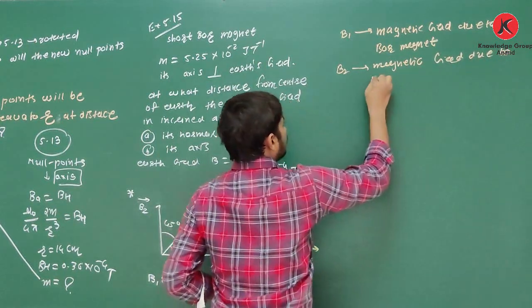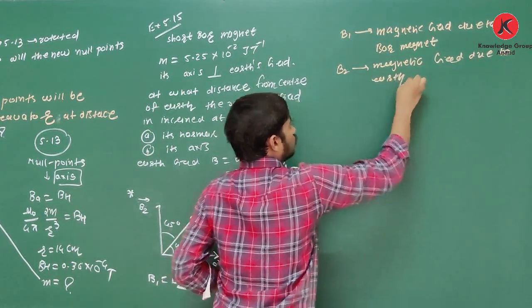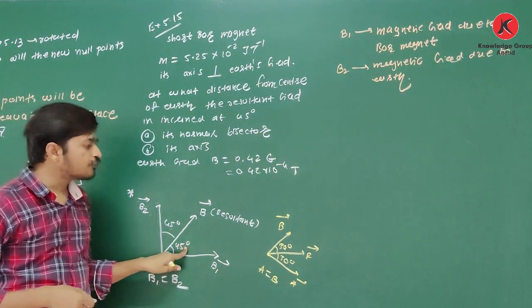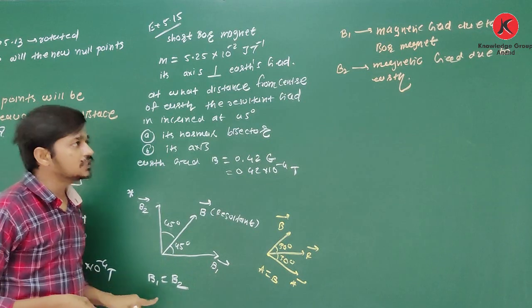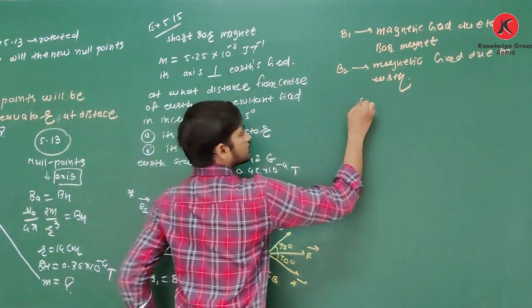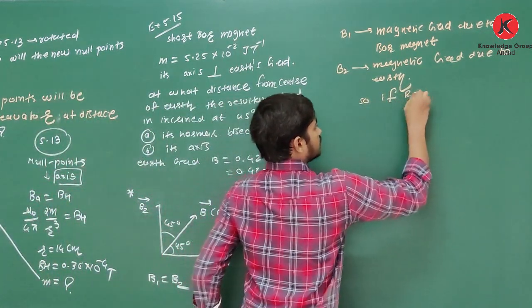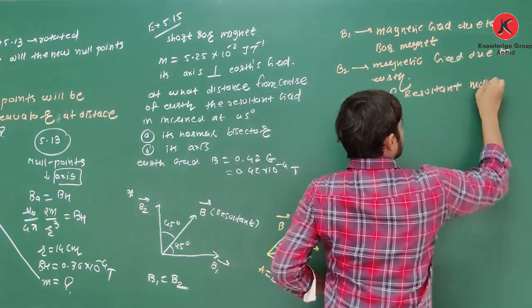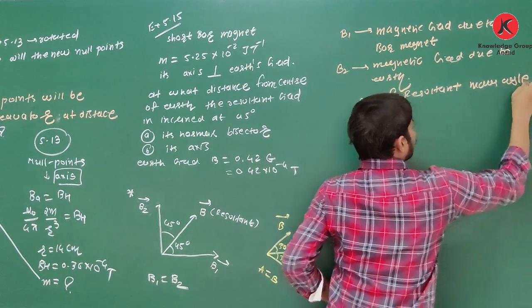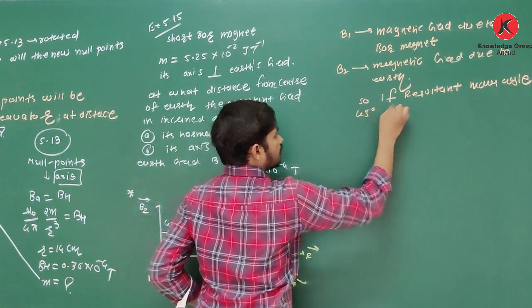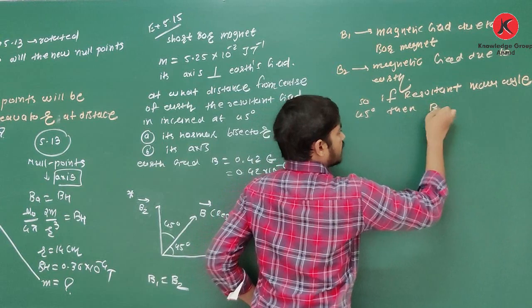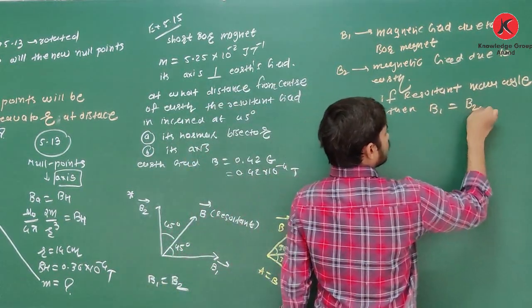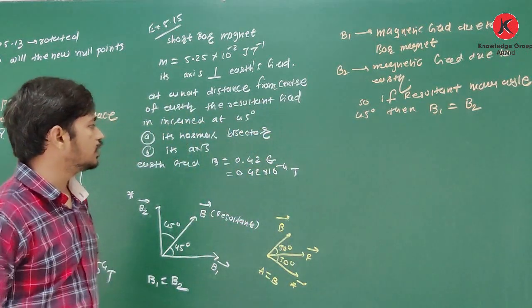If the resultant makes an angle of 45 degrees, then the magnetic field due to bar magnet is equal to the magnetic field due to earth.